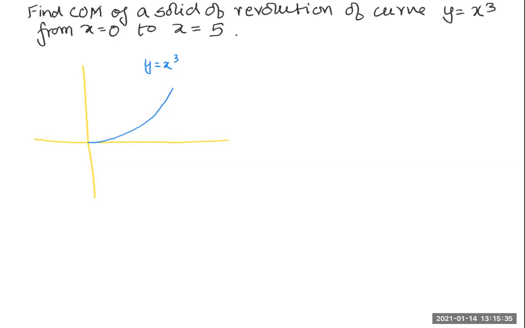So, what is meant by solid of revolution? If I have this straight line like this, since we are doing it about the x-axis. Actually I should mention also solid of revolution of curve about x-axis.